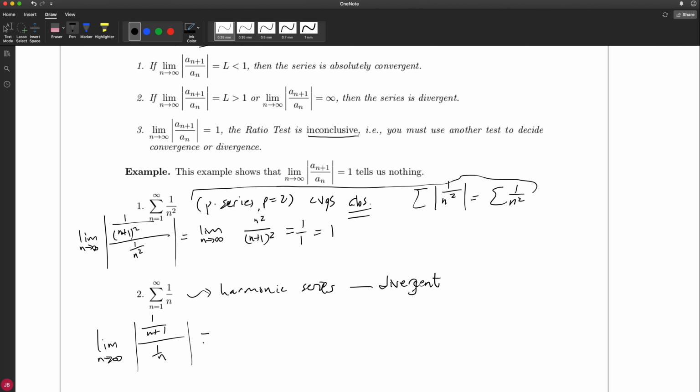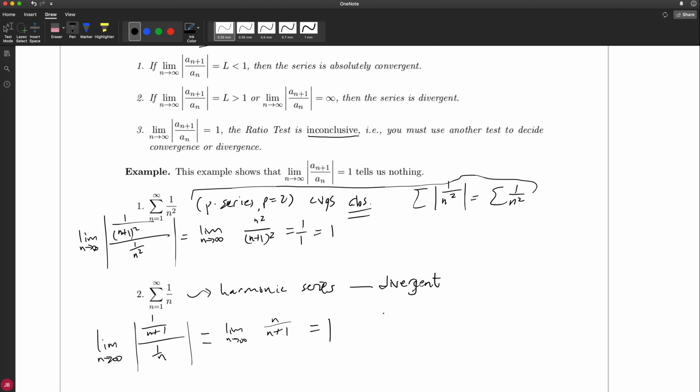However, we take the ratio test, put the absolute values, plug in n plus 1 into the summand, so you get 1 over n plus 1, plug in n into the summand, divide those two in that order, and you get the limit as n goes to infinity of n over n plus 1 when you simplify. Notice I don't need absolute values, everything's already positive, and this limit is also 1.